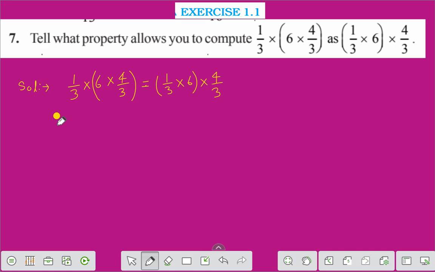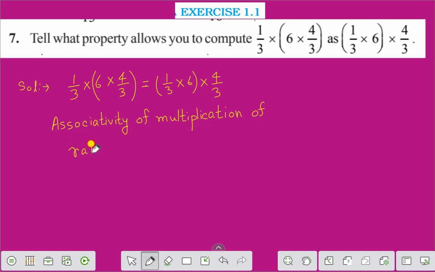Here we use the property of associativity, that is, associativity of multiplication of rational numbers.